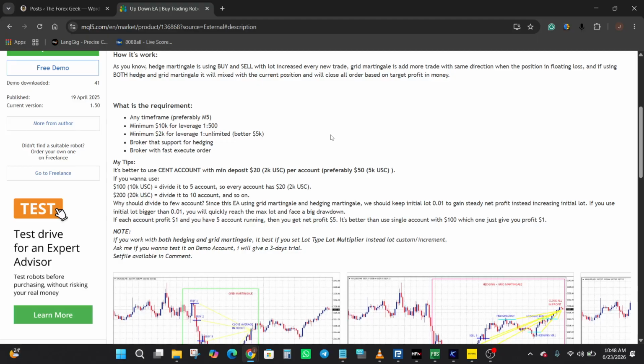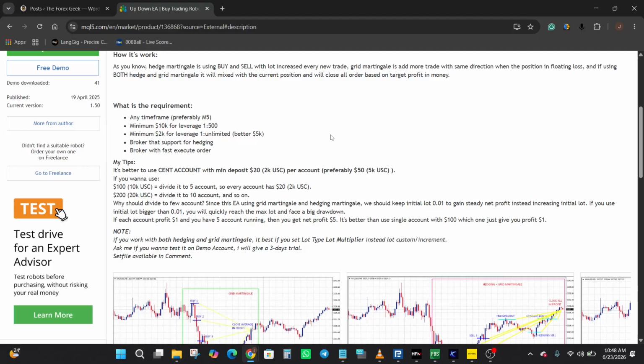The recommended capital levels are quite specific, ranging from larger account suggestions with high leverage down to cent account usage for smaller deployments. The developer also emphasizes splitting capital across multiple accounts when using this EA, especially due to the martingale and grid behavior described in the system.